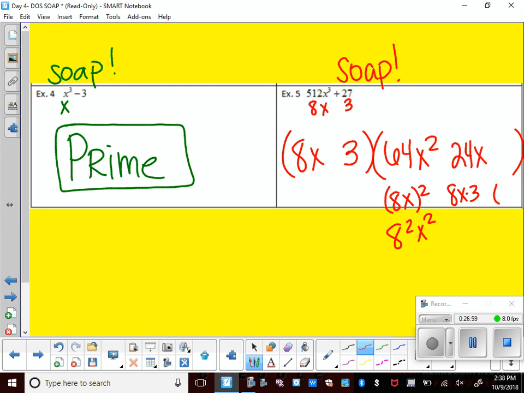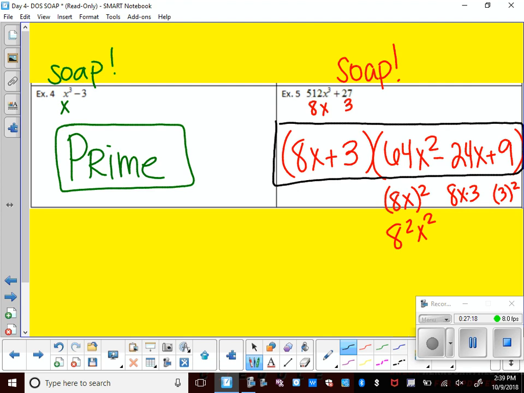My last number, I square. So 3 squared. So my signs are what, Jordan? Plus, minus, plus. Any questions on this? You guys get the system that we're doing? Okay.